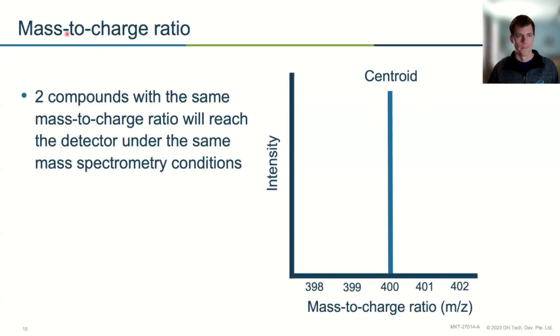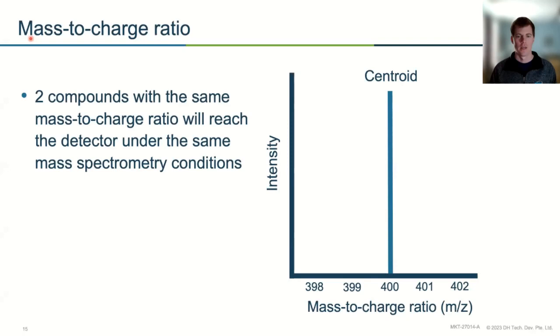Mass to charge ratio is pretty important here. A lot of people will do mass spectrometry for years and never really consider mass to charge because they only deal with singly charged compounds, while other people, specifically people dealing with peptides and proteins, are constantly dealing with mass to charge ratio.